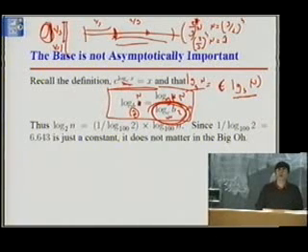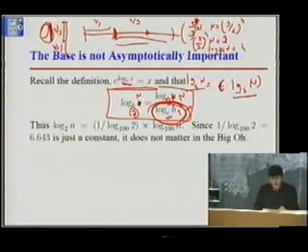Does everybody agree with that? And if we take the log of both sides, log base 3/2 of n is equal to h. Is this thing going to be big O the same as log base 2 of n?